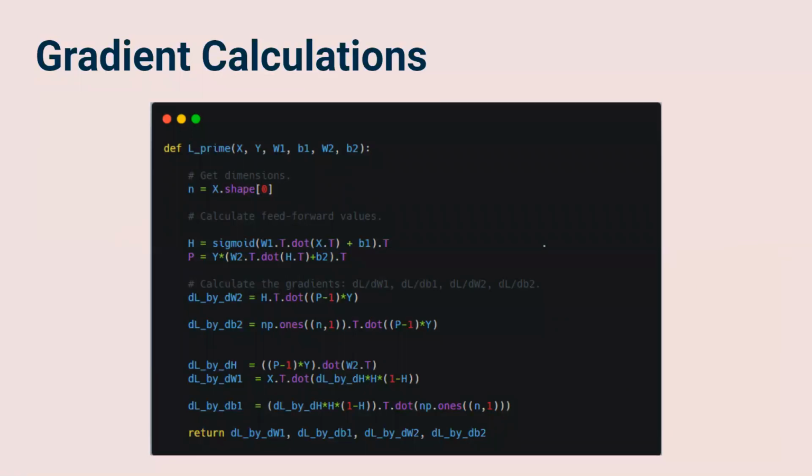So here we're calculating the feed-forward values, and then we'll get our gradients for layer 2, using W2 and bias 2, and then layer 1, using W1 and bias 1. So next slide.